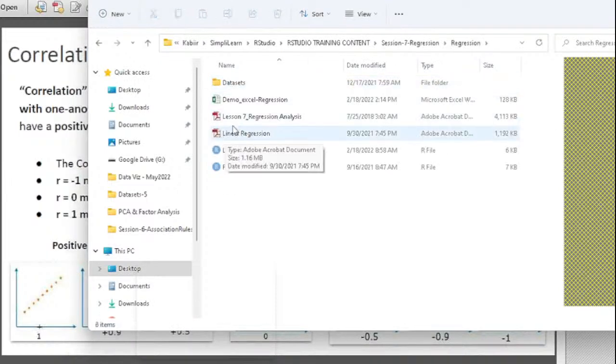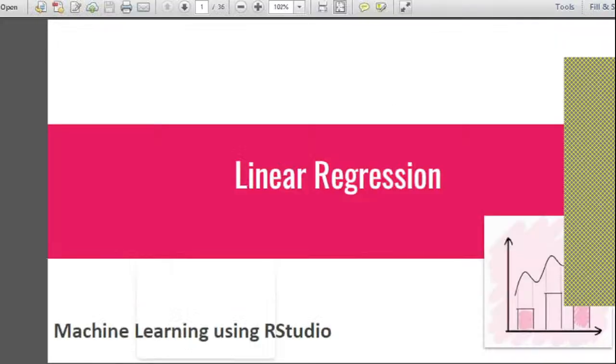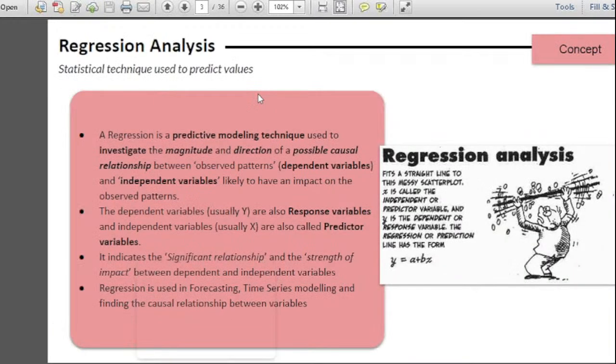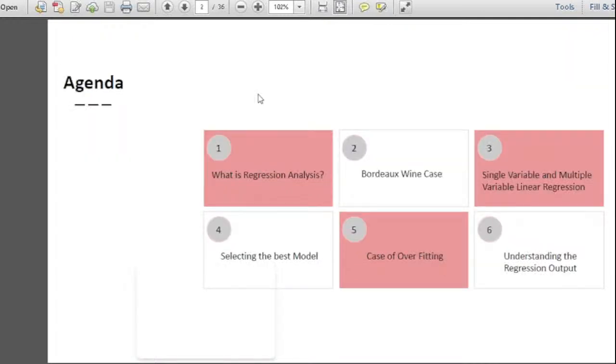So yes, regression. As I said, we'll be doing linear regression. What do you mean by regression? I'm sure some of you would have done this topic in high school or later. Anyone? Prediction, okay.